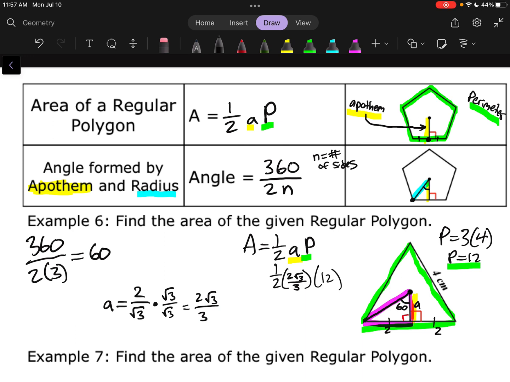If I leave the root 3 alone for a second and just multiply 1/2 times 2/3 times 12, if you're typing this into your calculator, just don't type in the root 3. We let it go along for the ride. 1/2 times 2/3 times 12 is 4. And then we still have the root 3. So this would be 4 root 3 centimeters squared.